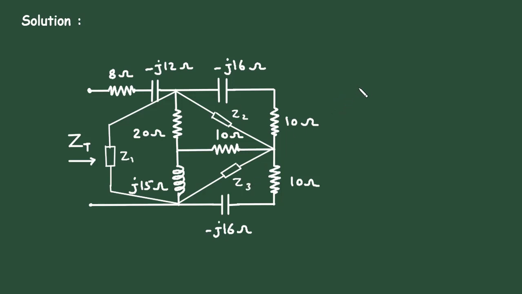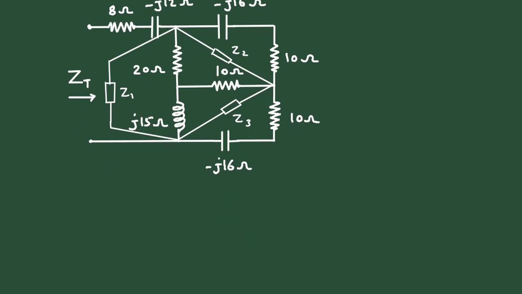So we have to convert star to delta. Now here we have to find the value of this Z1.